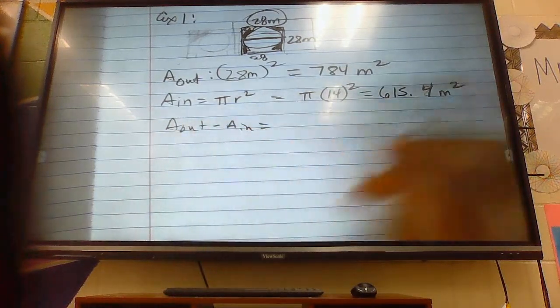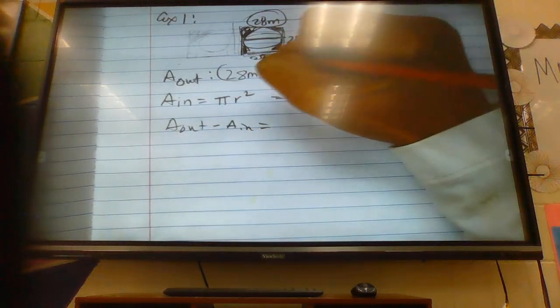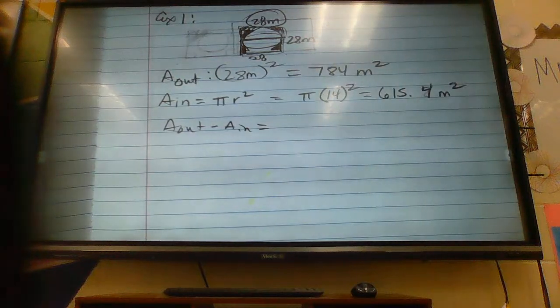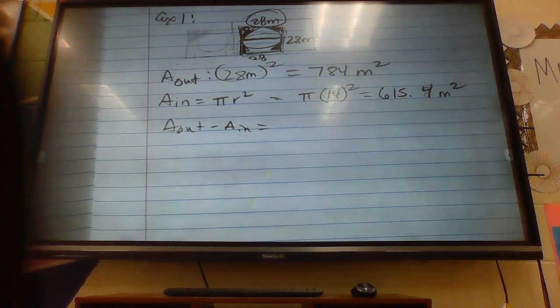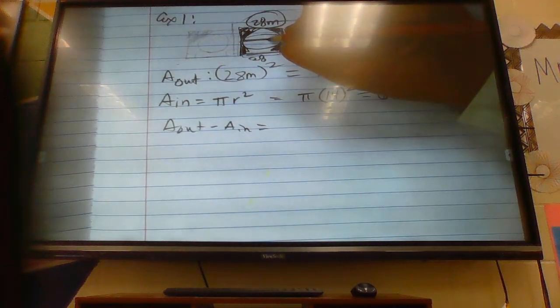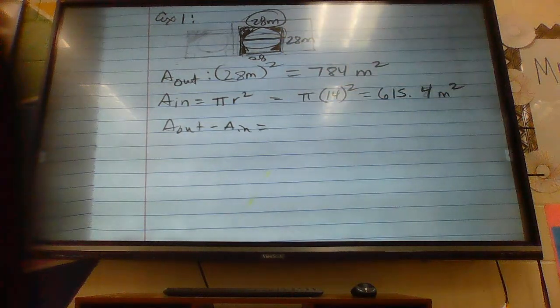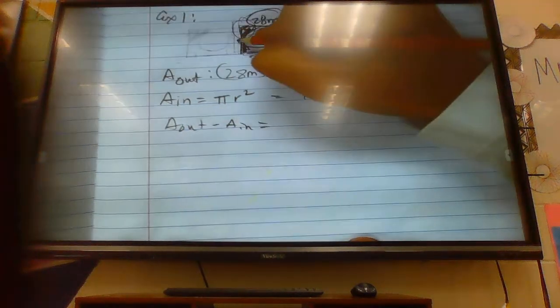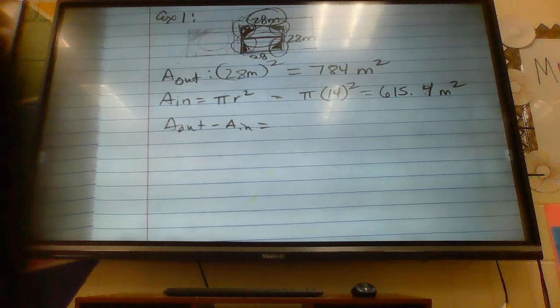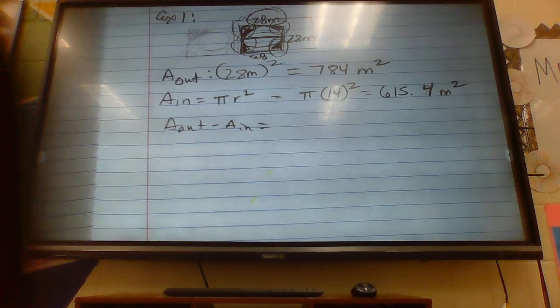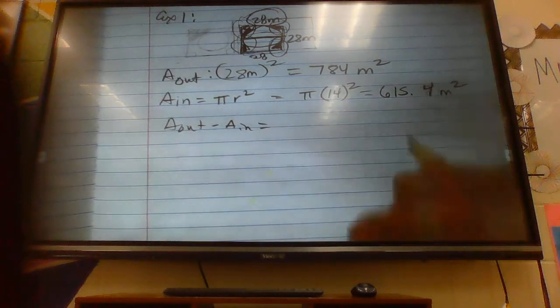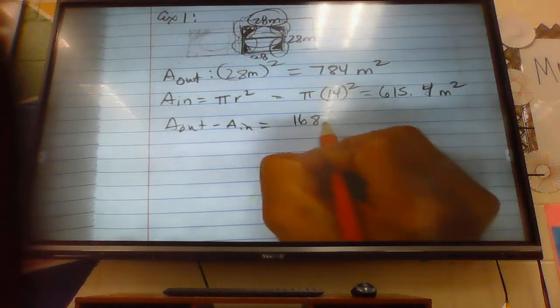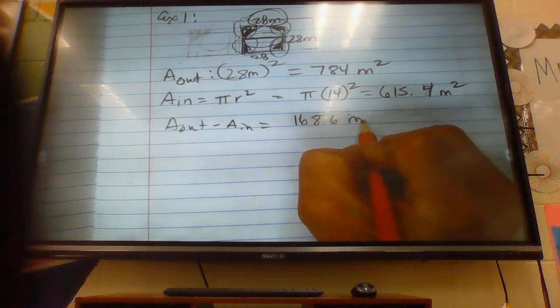Yep. The area out, the entire square, minus the area of the circle, leaves us with the shaded part. Right? Addison, what'd you get? 168.6.